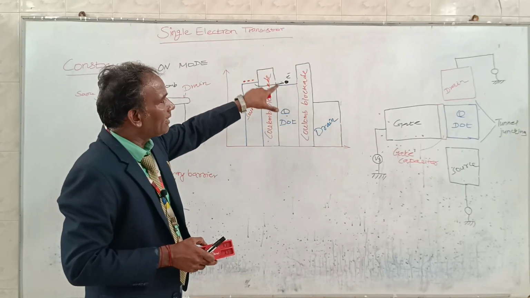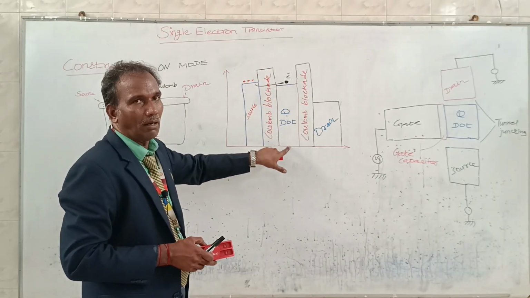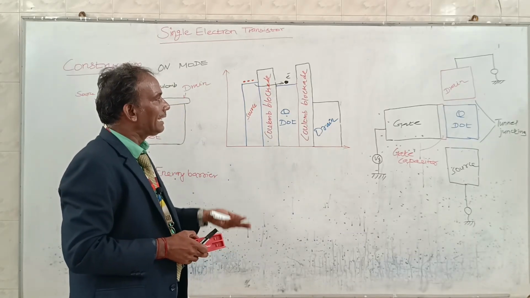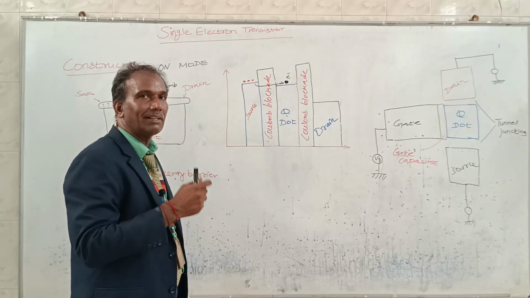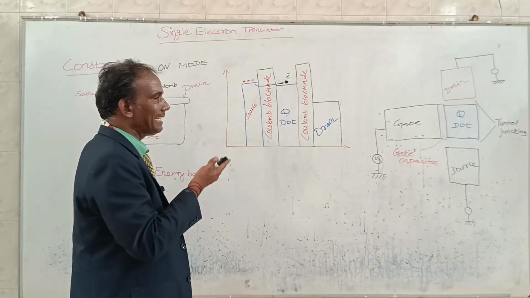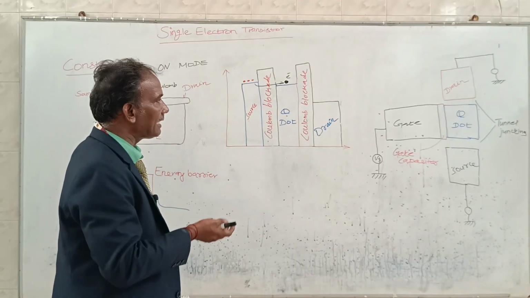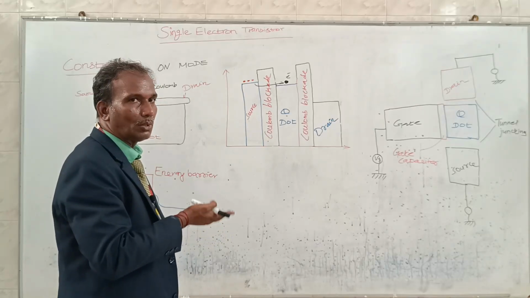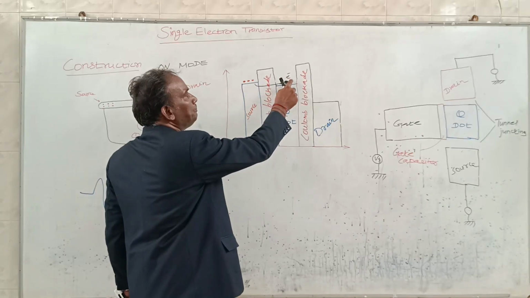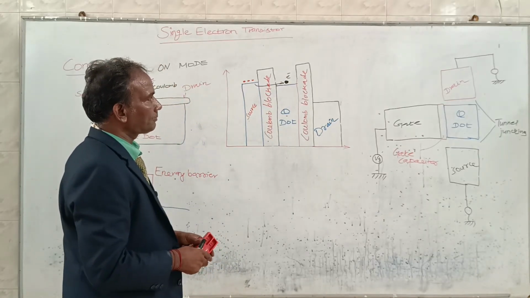Once the electron reaches the quantum dot, the potential energy of the quantum dot increases. That means the energy level of the quantum dot rises up to the energy level of the electron.